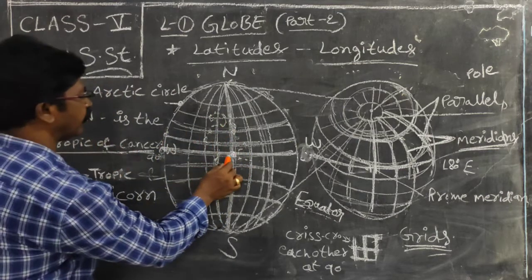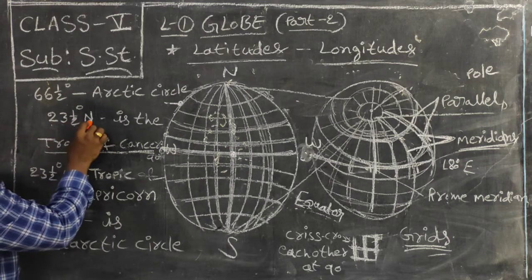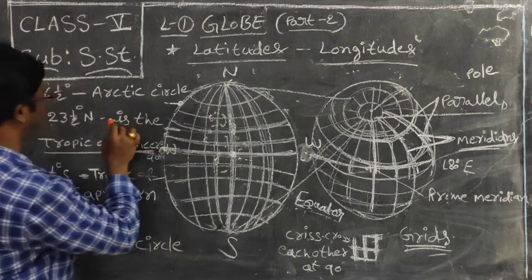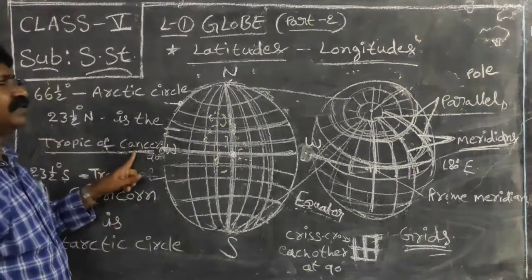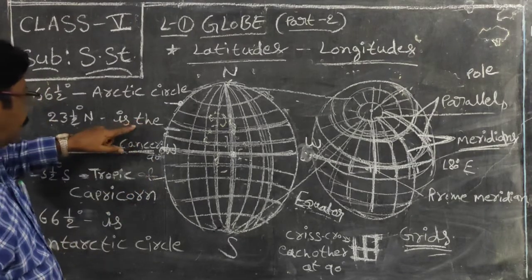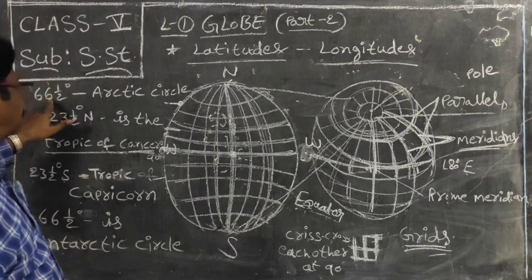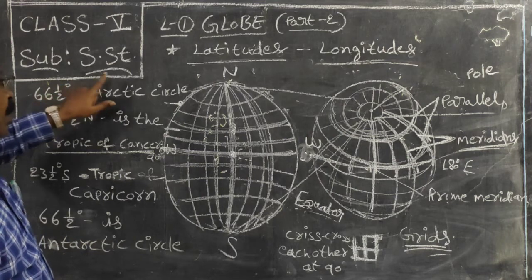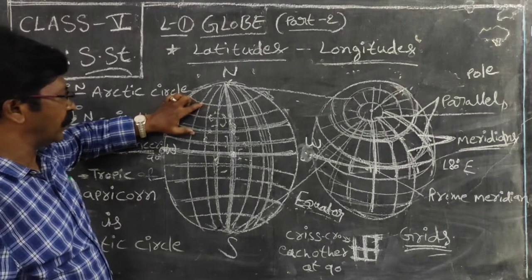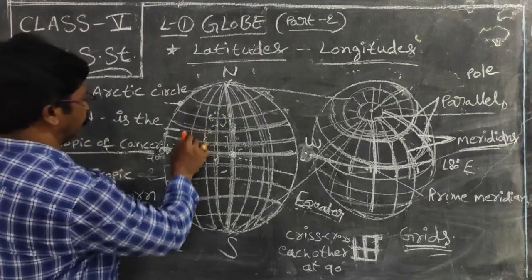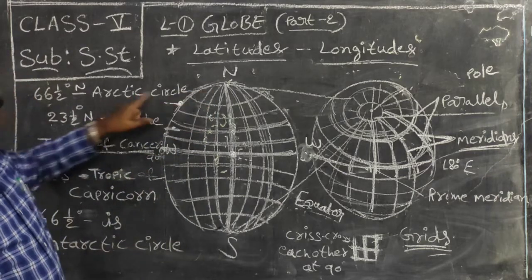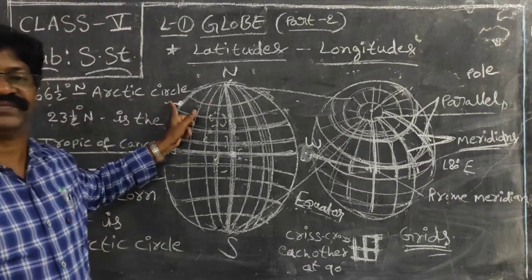From 0 degrees to 23.5 degrees north is called the Tropic of Cancer. Then up to 66.5 degrees north is the range, and this region is called the Arctic Circle.